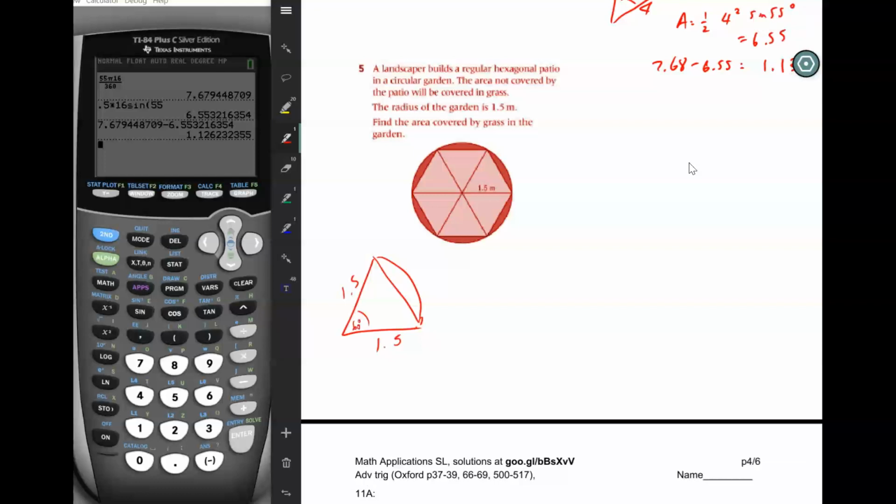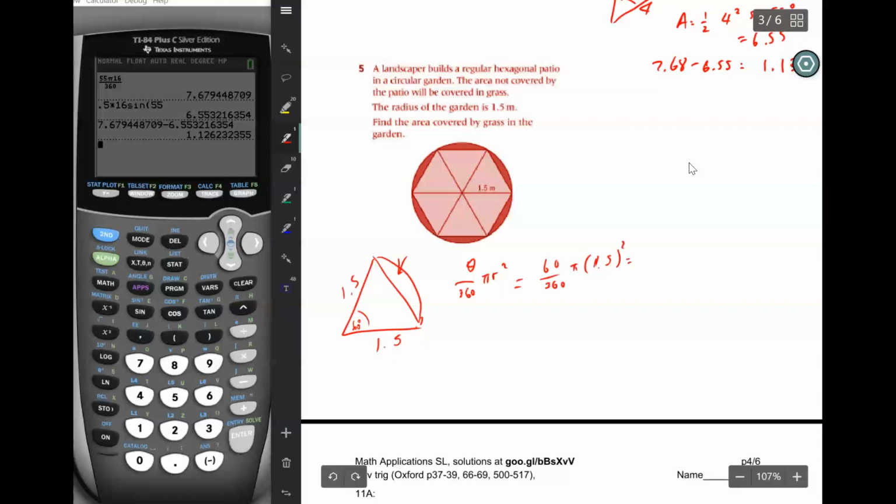So if I want to find the pizza crust, I'm going to use the sector formula, which is theta divided by 360 times pi r squared to find the entire pizza, and then I'm going to subtract out the triangle. So this is 60 degrees divided by 360 times pi, and then the r value is 1.5, right?